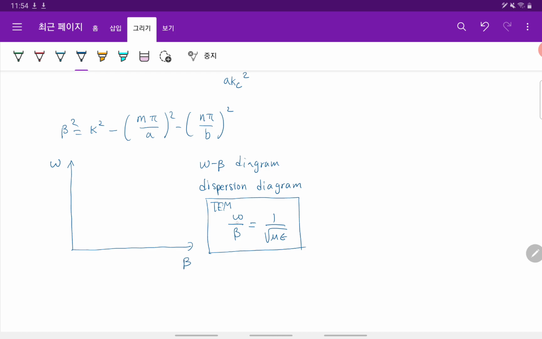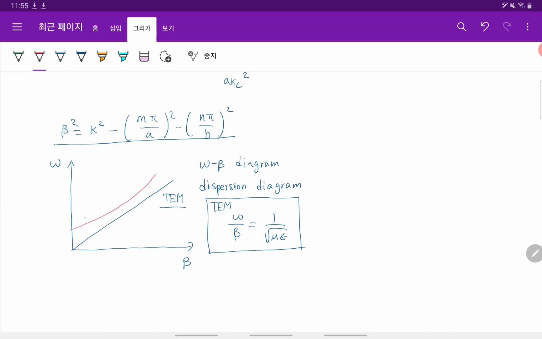So it's kind of omega and beta, the slope is constant, right? So it doesn't change as frequency changes, right? Beta and omega are always proportional in this TEM case. But if we plug this one, this will form like this.